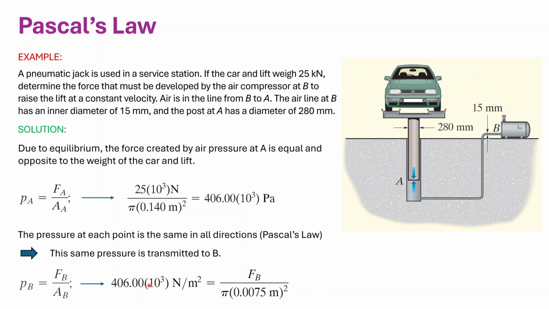So 406 times 10 to the third newtons divided by meters squared equals FB, which is what we want to find, divided by the area of this air line, which is pi r squared. We have the diameter divided by 2, converted to meters, and we find the area here. So if we solve this fraction, we get FB equals 71.7 newtons.